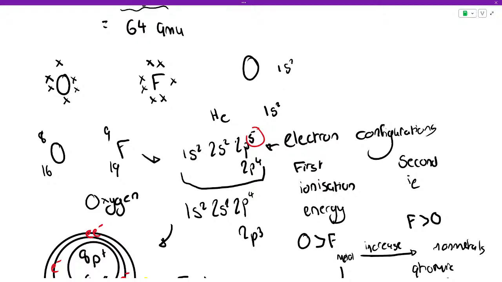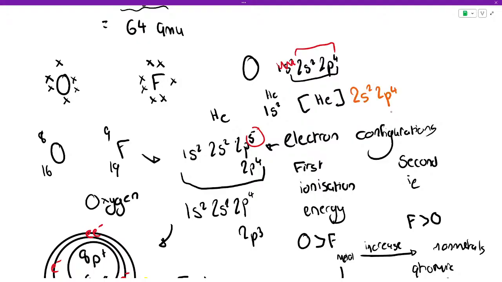Oxygen has 1s2, 2s2, 2p4. So if they want noble gas notation, you write helium in brackets, meaning we already took care of this part. What's left? This here: 2s2, 2p4. That's noble gas notation.